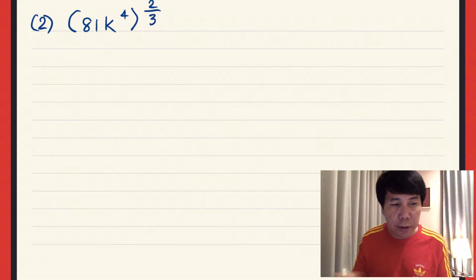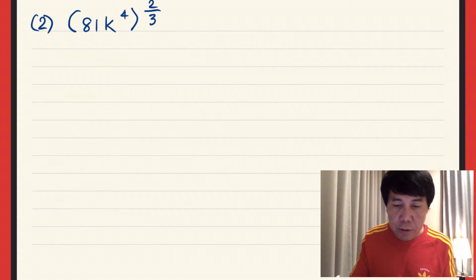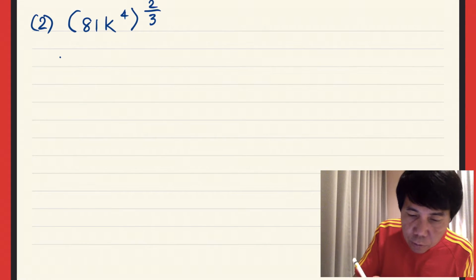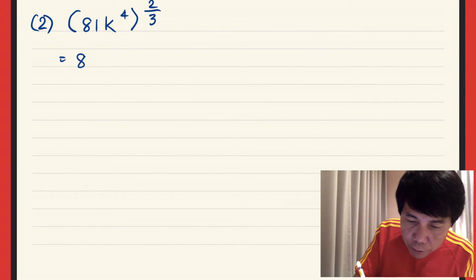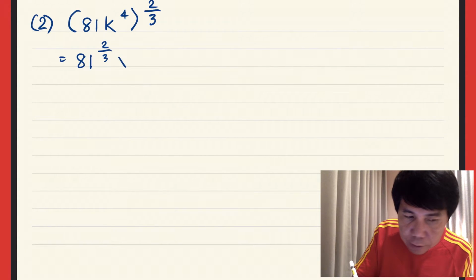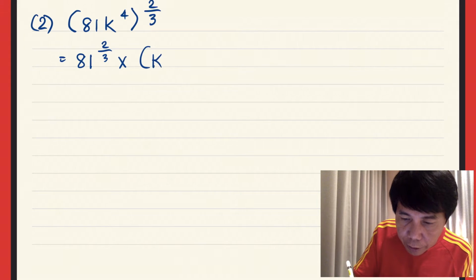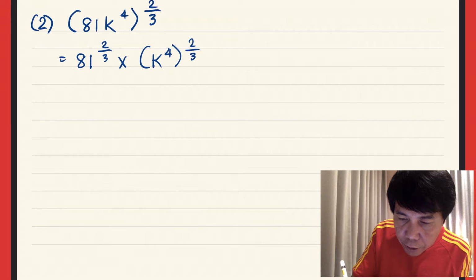of 2/3. Okay, so what we have to do is we have 81 here raised to the power of 2 over 3, and k raised to the power of 4 raised to the power of 2 over 3.